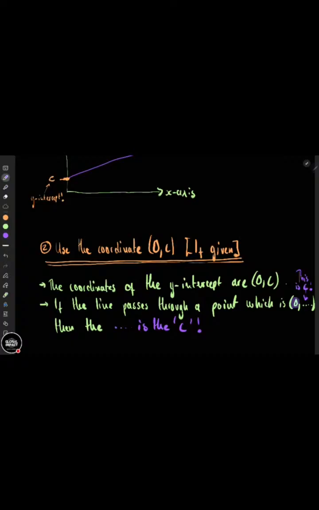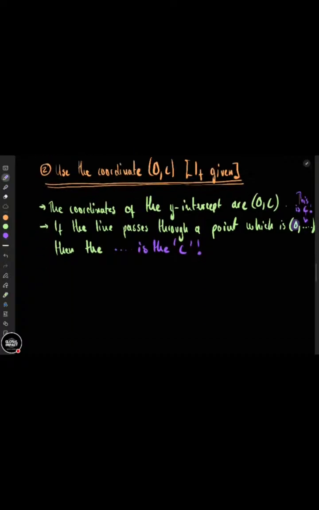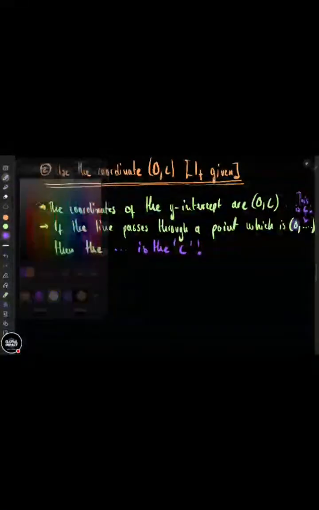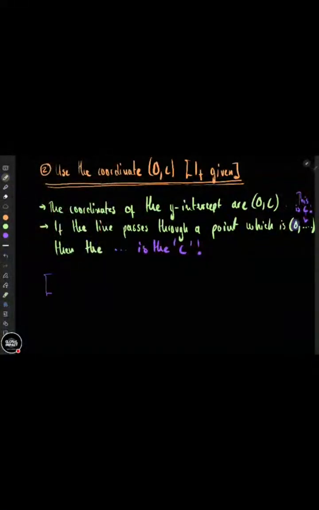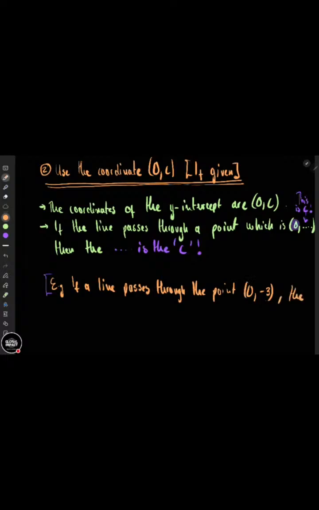For example, if a line passes through the point (0, -3), then c is equal to -3.